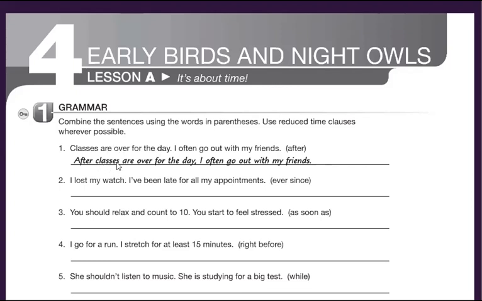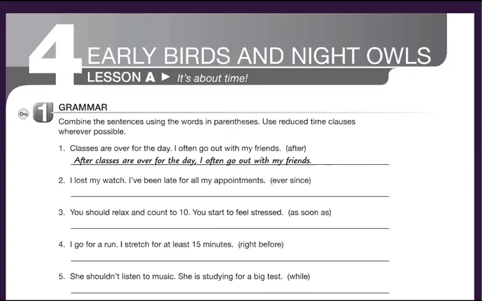As we see here in the example, after classes are over for the day, I often go out with my friends. So in this case, we're going to add the preposition. It says combine the sentences using the words in parentheses. Use reduced time clauses wherever possible. After classes are over for the day, I often go out with my friends. In this one, could we do the reduction, and for what reason?